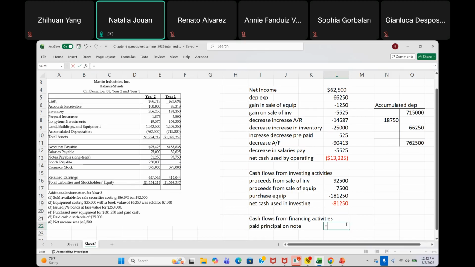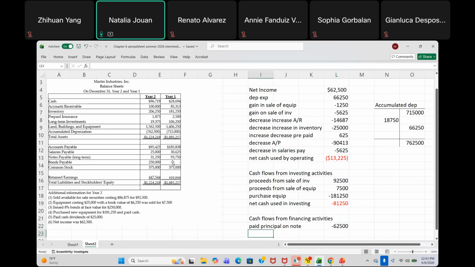Okay. So that went from 93,750 to 31,250. So 31,250 minus 93,750. Okay, so that's an outflow of 62. And now this is the biggie, right?